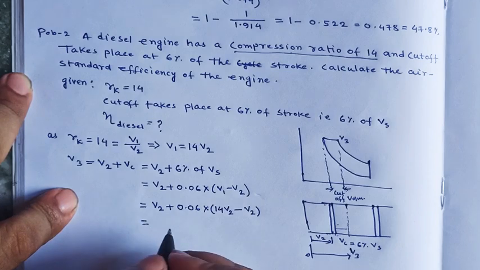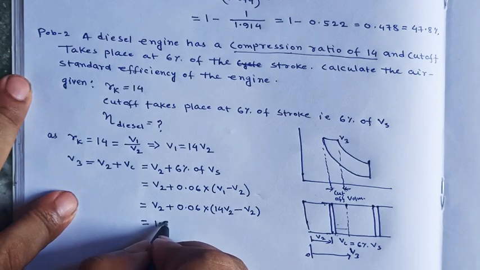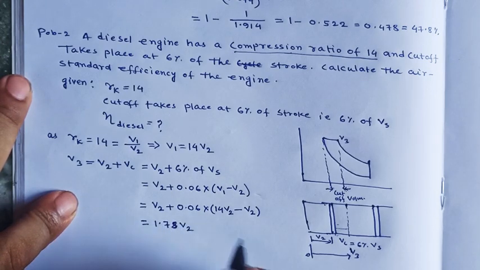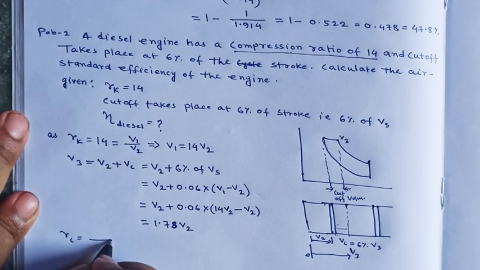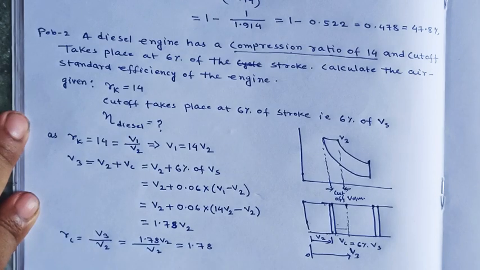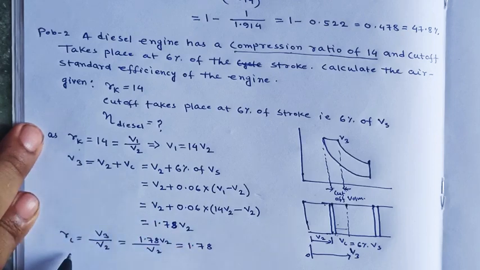So this one will be 1.78 V2. Now we can find Rc. Rc is V3 by V2. This will come 1.78 V2 by V2, so this will come 1.78. Now we got Rk and Rc.